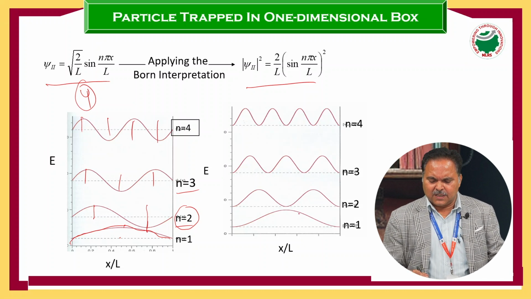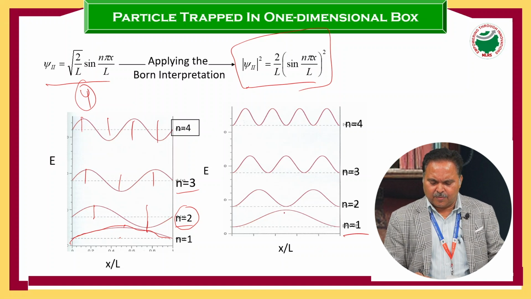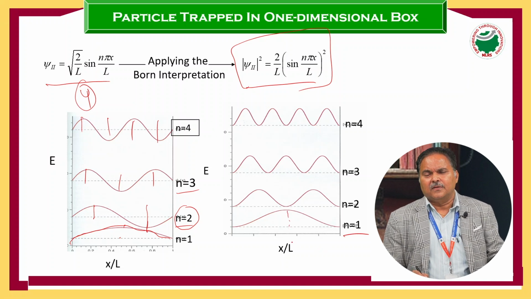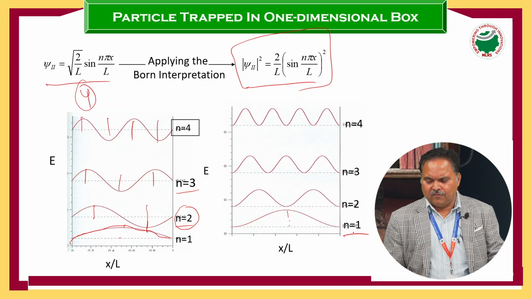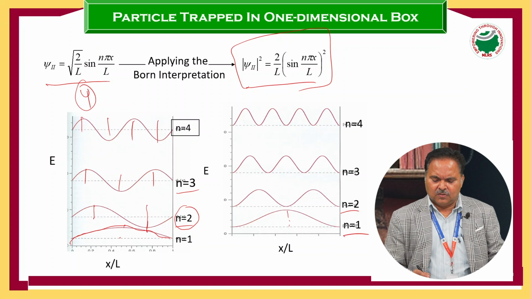The second diagram shows psi squared, that is psi into psi star. Here also, at the zero point energy, there is only one probability maximum, at the center. Whereas at the first excited energy level, there are two positions of probability.